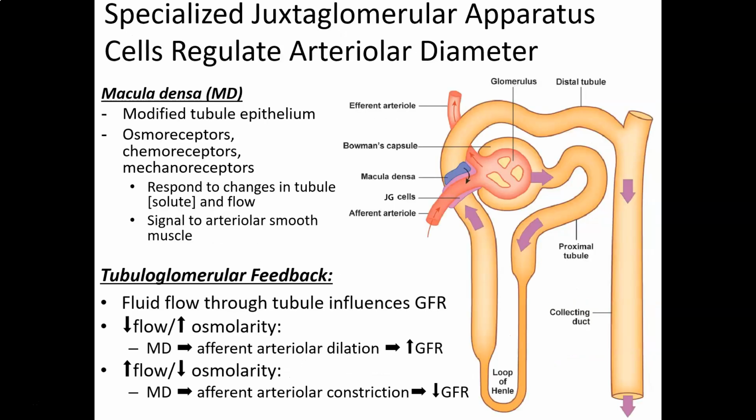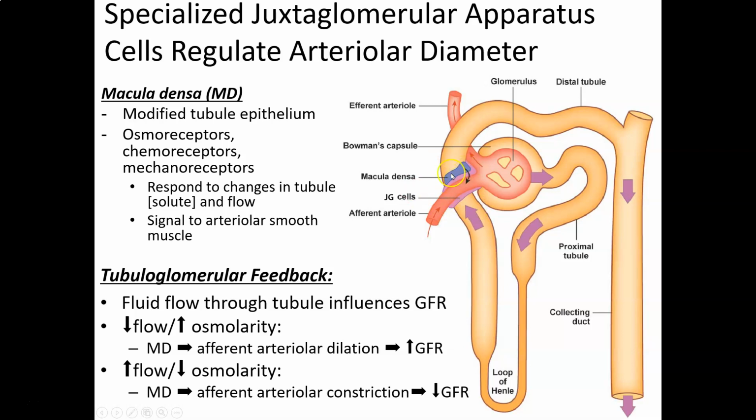The second mechanism we've mentioned before in a previous video, and that's the tubuloglomerular feedback mechanism. And that involved the macula densa and JG cells and the whole juxtaglomerular apparatus where the distal convoluted tubule crosses the afferent and efferent arterioles. And remember that the macula densa contains a number of different types of receptors.